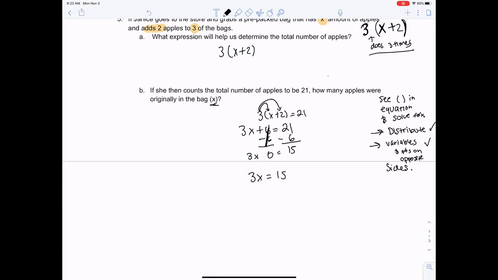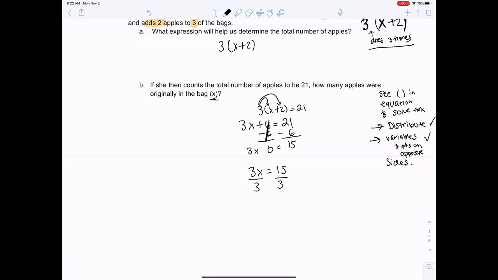And then what's basically my last step in order to solve for x, or the number of apples originally in the bag, is to divide by 3 because it's multiplied, 3 times x. And we want x by itself. I have x equals 15 divided by 3 is 5. There were originally 5 apples in the bag.